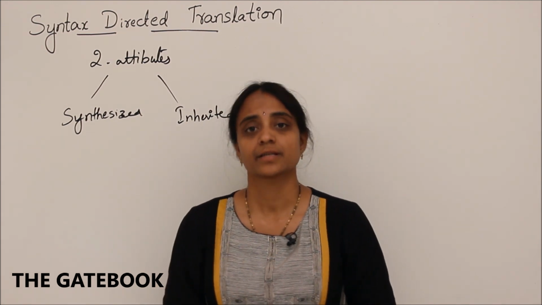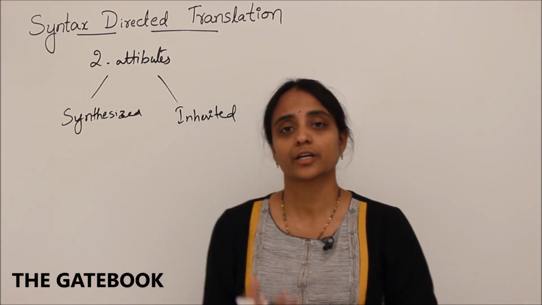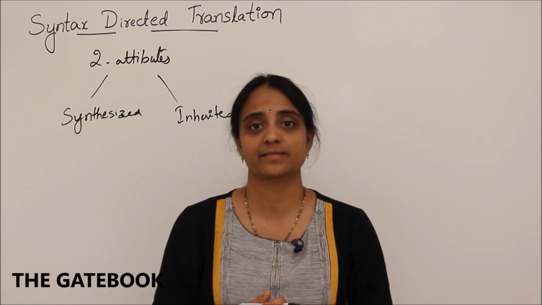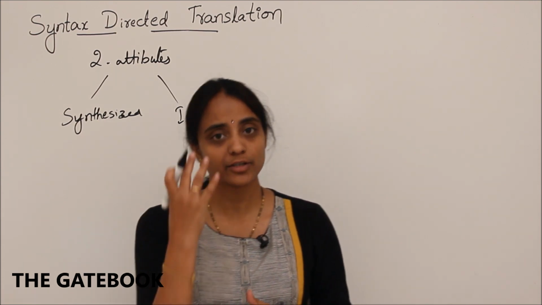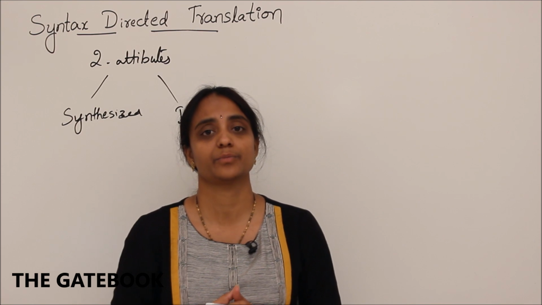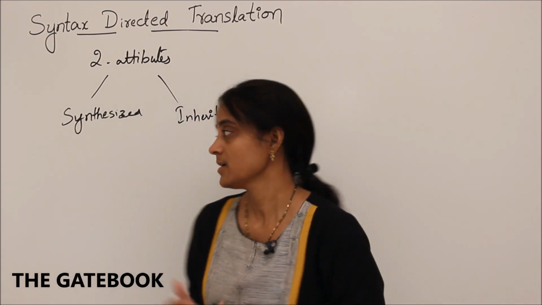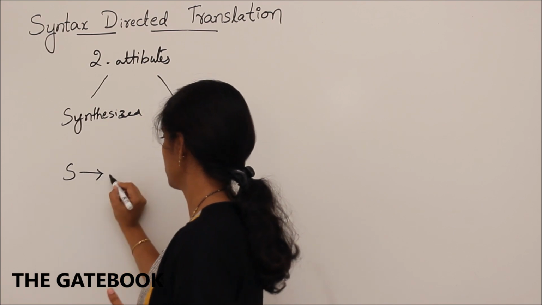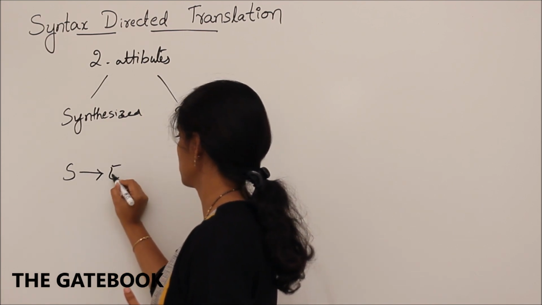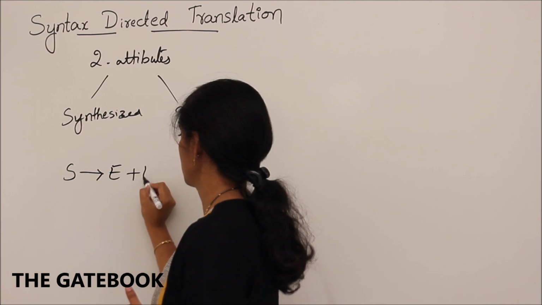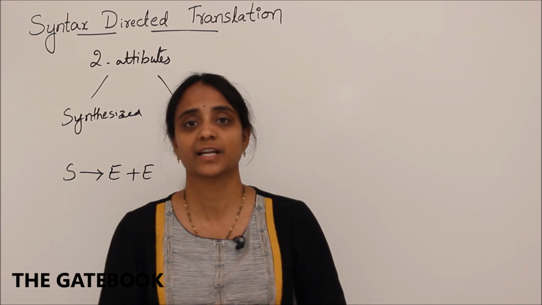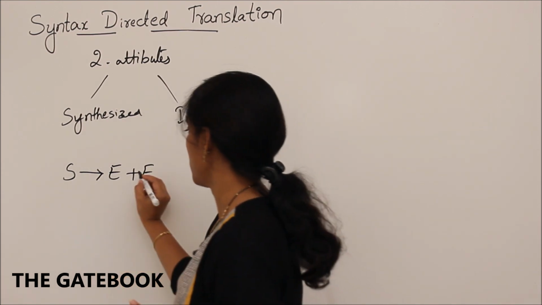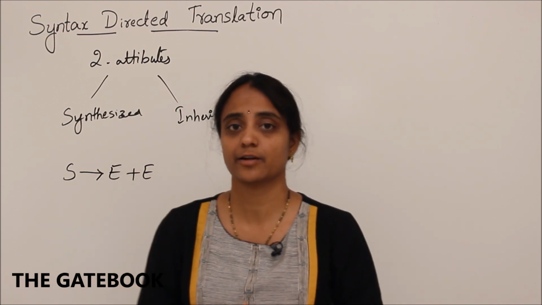So what is a synthesized attribute? We call an attribute synthesized if its value can be computed from its children. Suppose we have a production like this, and let's assume that this is an addition operation.